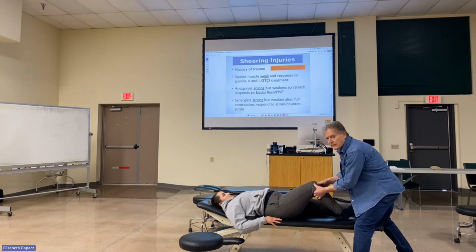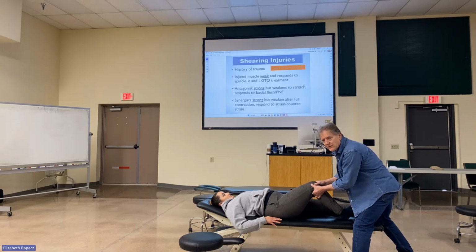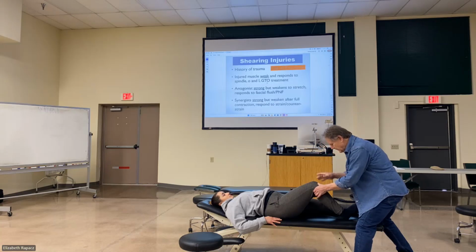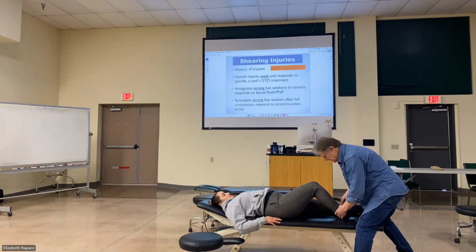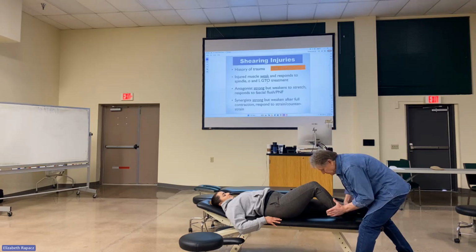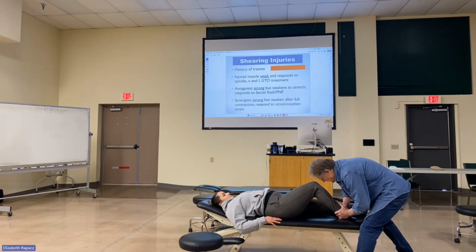The popliteus contracts, and as it contracts, it rotates the tibia medially, internally, relative to the femur. That's its job. So you're offering it its full contraction position, and then you stabilize the outside of your ankle, and you try to turn this tibia.